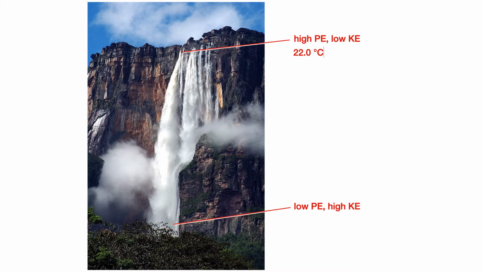So if, for instance, the water at the top of the falls had a temperature of 22.0 degrees Celsius, if the falls are very high, this particular waterfall is almost a kilometer high, and so the water is moving fast enough that when it hits the bottom and all that energy gets scrambled up, it warms up the water by about 2.5 degrees Celsius. But again, this is a conversion from potential energy into kinetic energy.